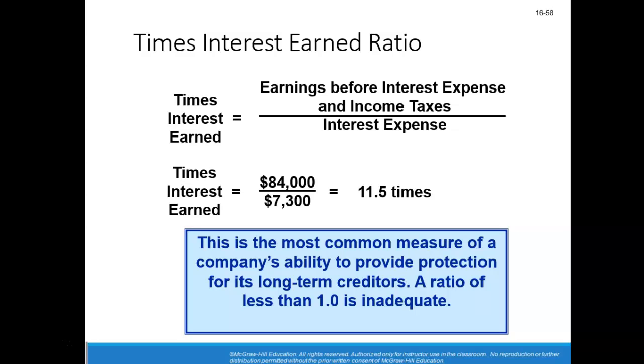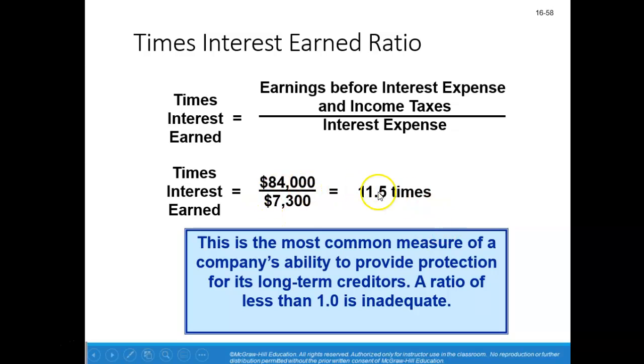It is earnings before interest expense and income taxes divided by interest expense. We focus on the amount of earnings we have available to pay the interest that has been owed to our different creditors. So again, we're focused on debt management.